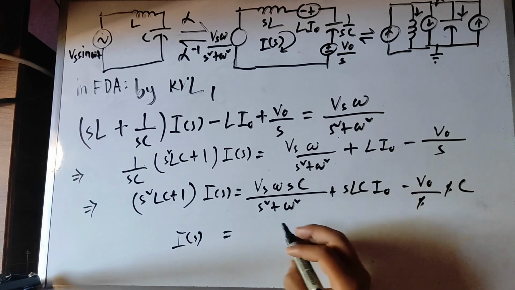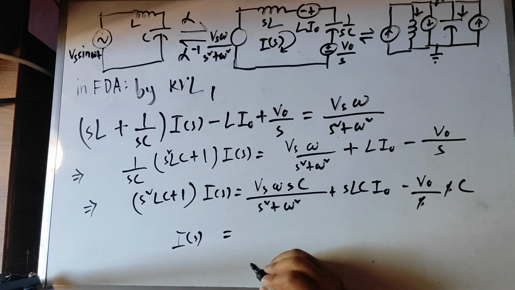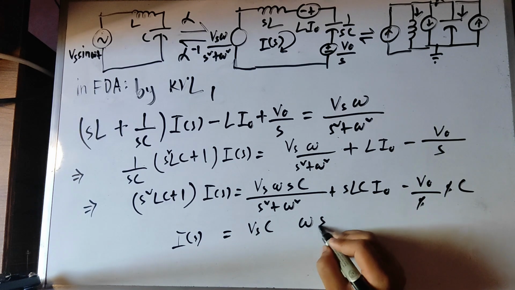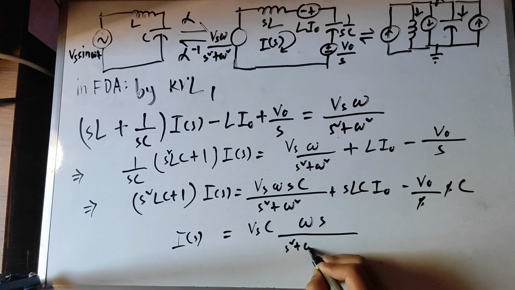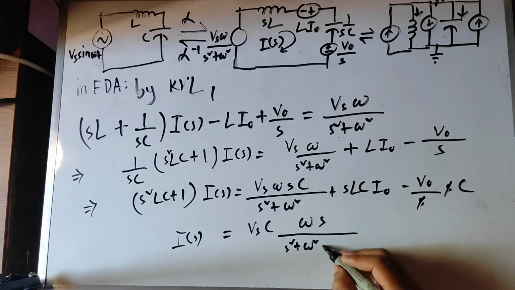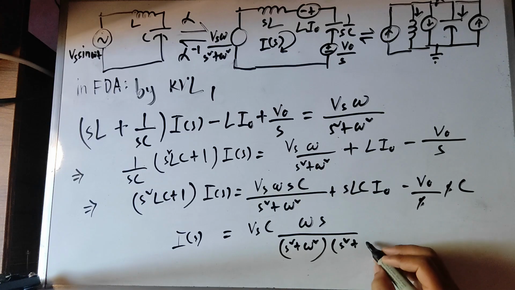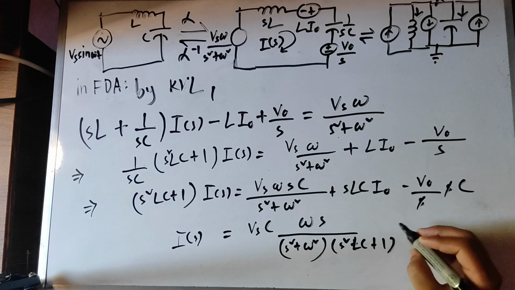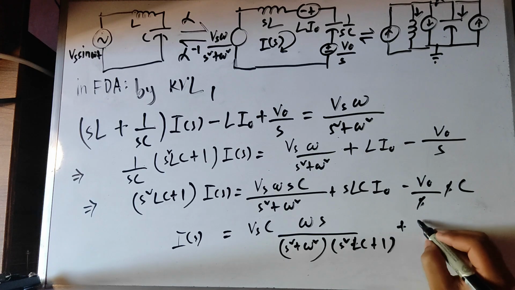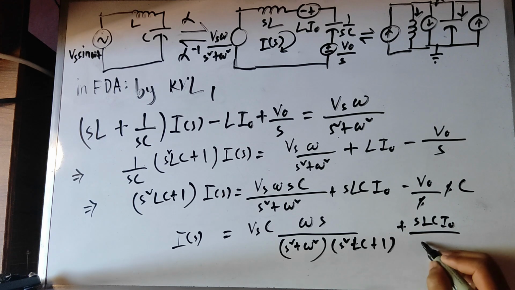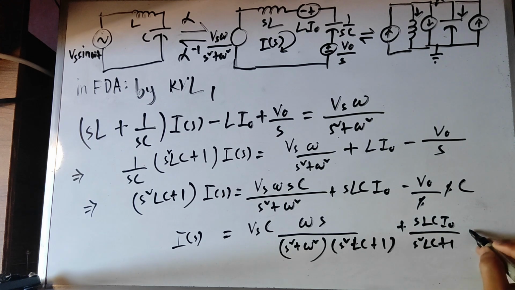So here IS is Vs C omega S / ((S squared + omega squared)(S squared LC + 1)) + SLC initial current / (S squared LC + 1) - VO C / (S squared LC + 1).